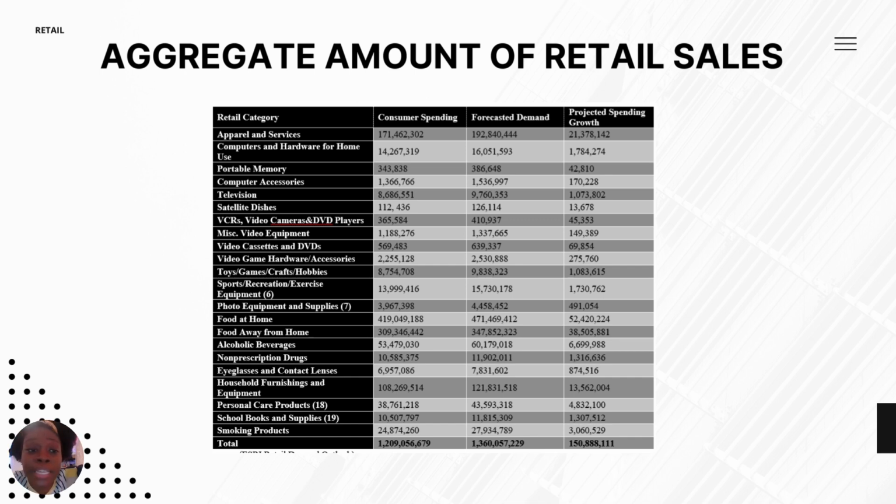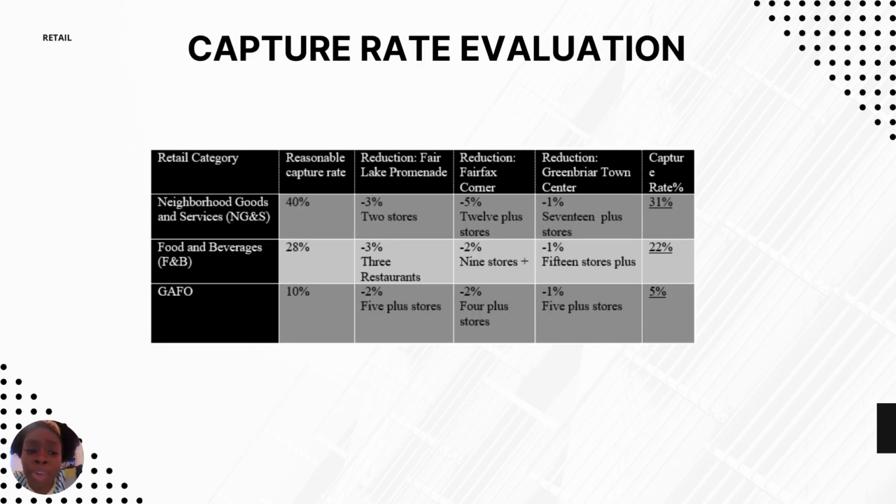And so next we have the capture rate. Here is my methodology for the capture rate. For Fair Lakes Promenade, I gave this a negative 3% because it only has 2 stores in the neighborhood goods and services, but also because it's the closest one in proximity to our site.